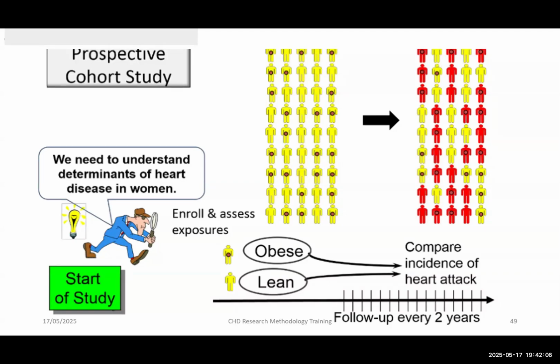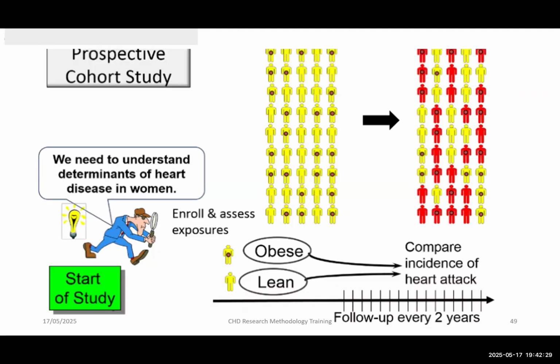In this diagram where you have male and female, the ones that have the red dots are probably those who were obese. The ones that don't have are the ones who are lean. You follow them over time and then determine those. The red human figures on the right are those who have had a heart attack.